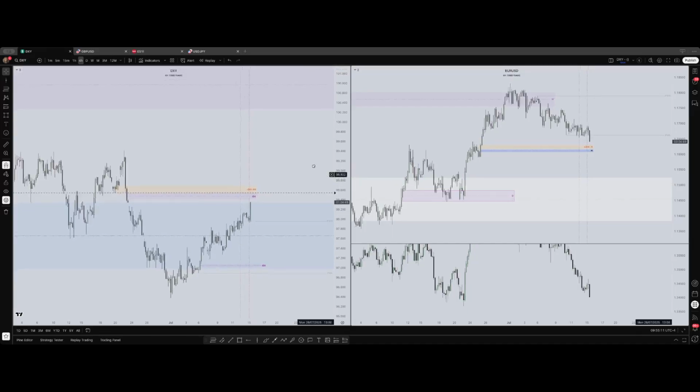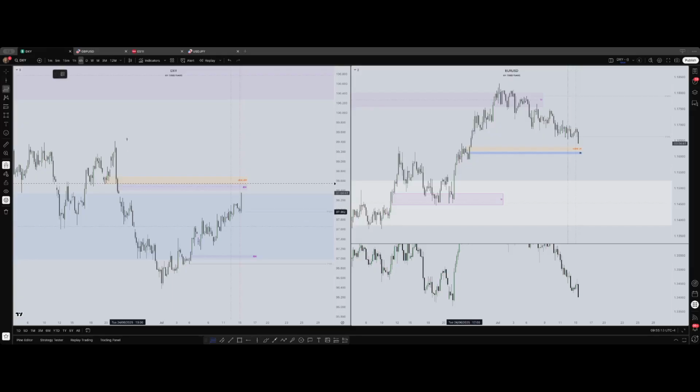Remember, we have a huge range from here to here, and as you can see, the confluence is good. We have the breaker, we have a fair value gap, also here we have a fair value gap, and we are in premium and optimal trade entry area, so it's good.